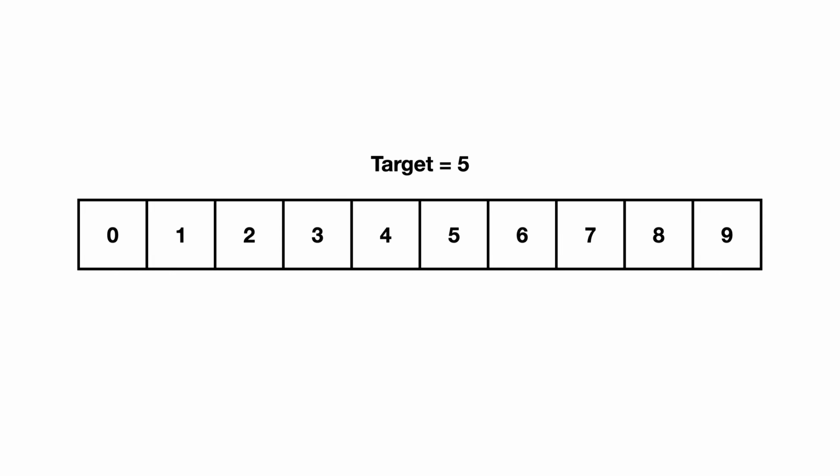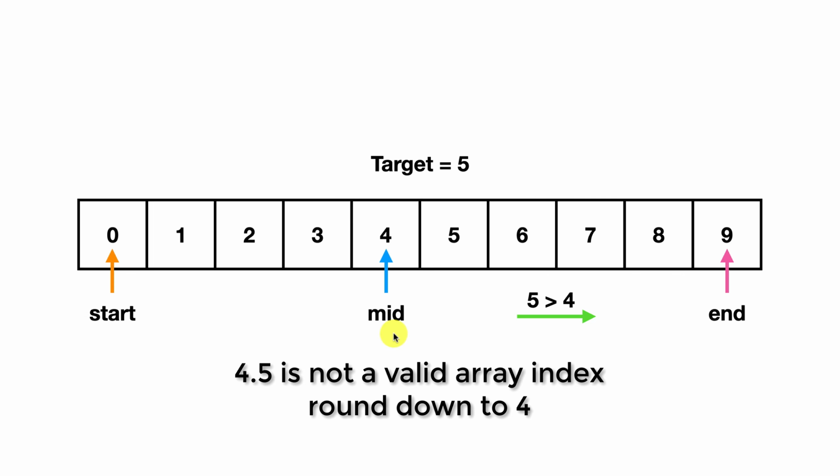We have our input array, and we want to find the target 5. So to find the midpoint, we have our lower bound, which we'll call start, and our upper bound, which we call end. We find our midpoint to be 4, and here we didn't have an exact midpoint. It would actually be 4.5, which doesn't exist in the array, so we just rounded down.